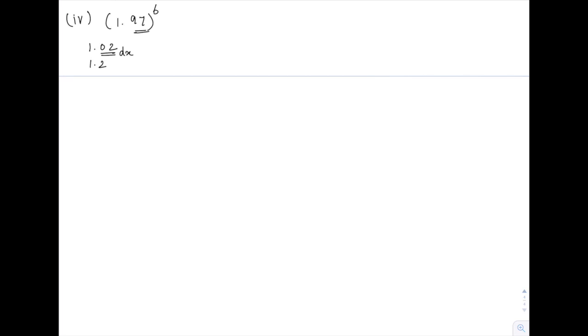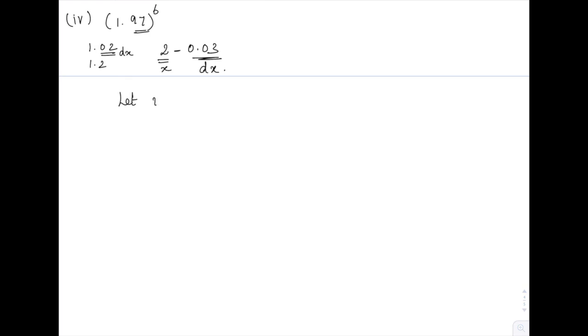So what we are going to do is 2 minus 0.03. So this will be your x and this will be your dx. This is the only difference compared to the previous problems. Apart from that, everything is the same. So we'll just do exactly the same.